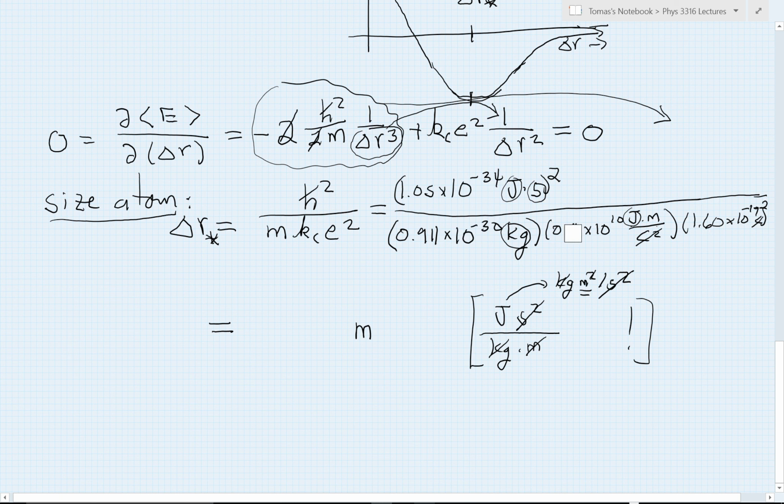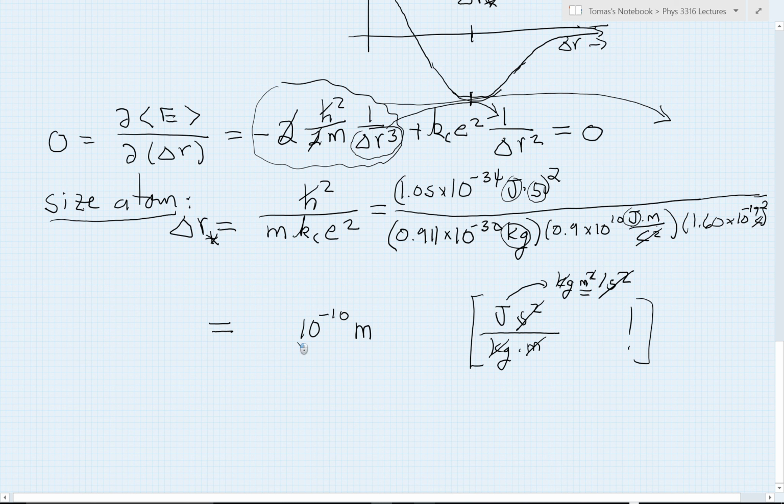Then I divide by another 10 to the 10, so that's 10 to the minus 48. And now I'm dividing by 10 to the minus 19th squared, which is 10 to the minus 38. So 10 to the minus 48, divided by 10 to the minus 38, leaves me just 10 to the minus 10 meters. That's exciting, right?